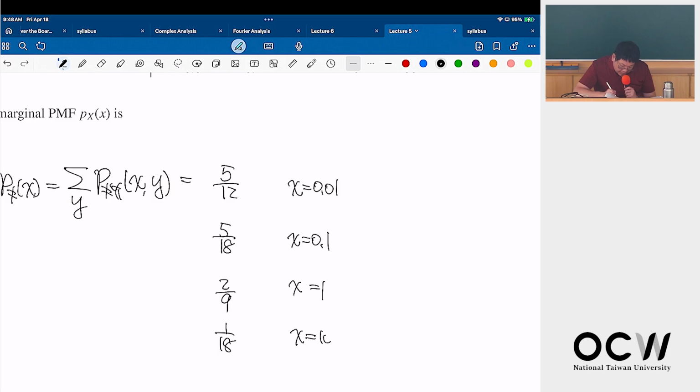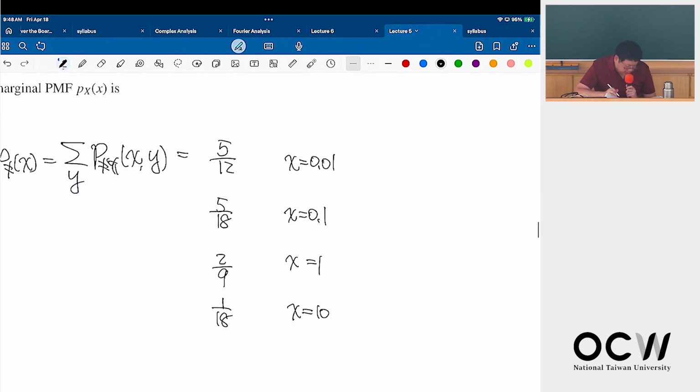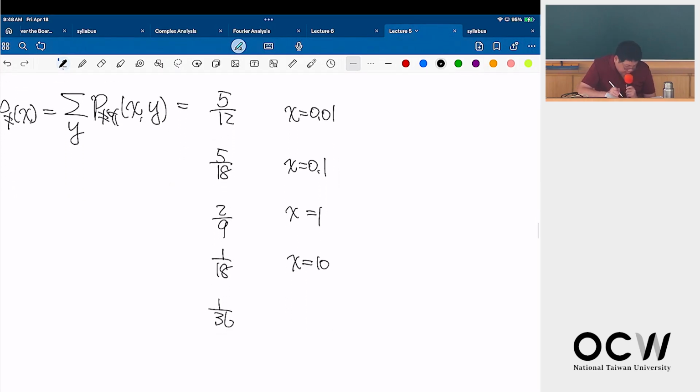And when x equals 10 and 100, we just found that it is 1/18 and 1/36.